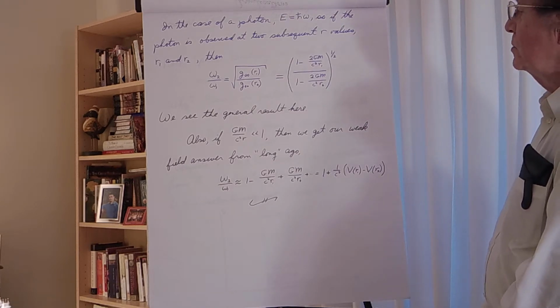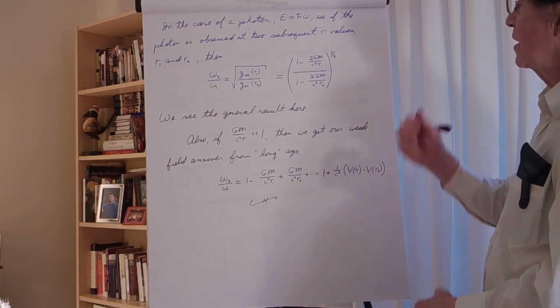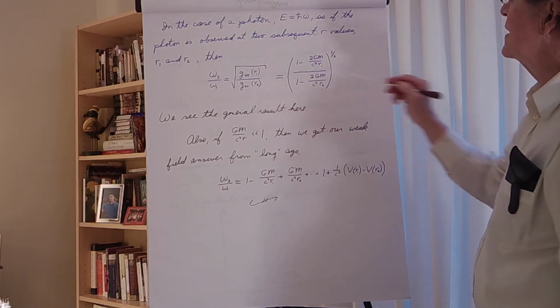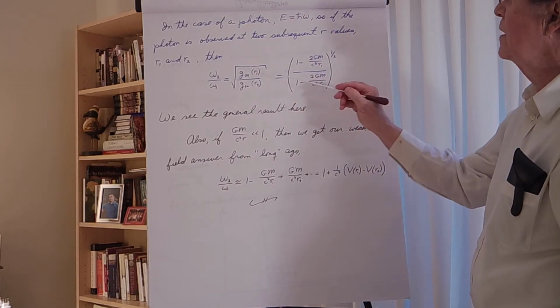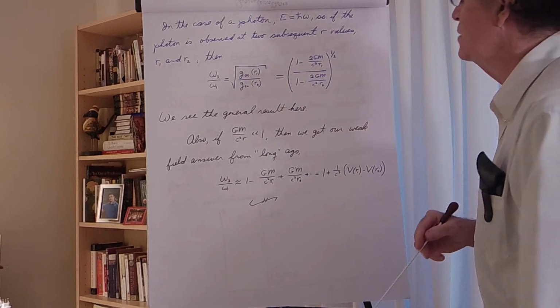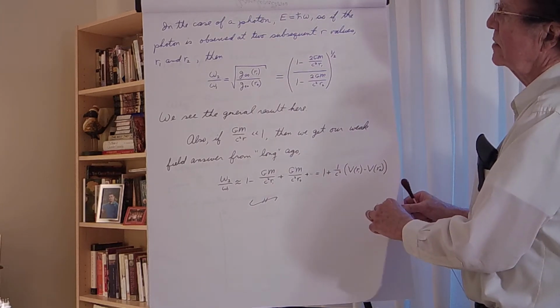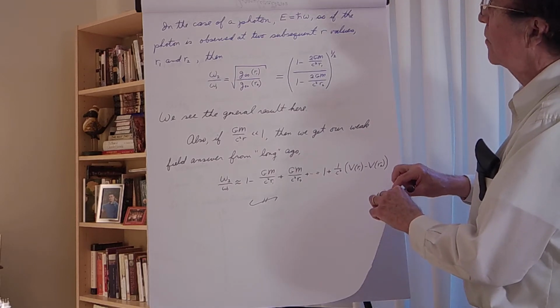Right? So we're good at these sorts of approximations in these weak field cases. But what I wanted to do was to get it in a more general form in terms of just g00, and then apply it to many situations. And so that's what we wanted to do.